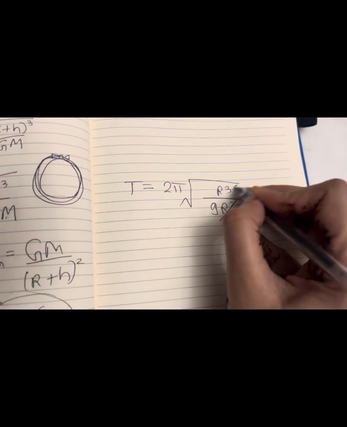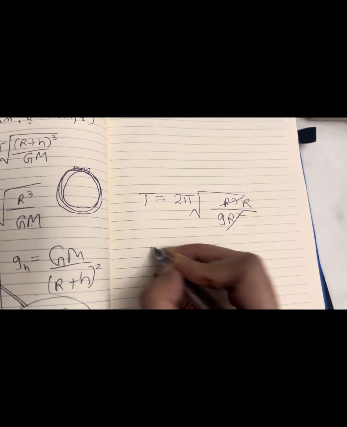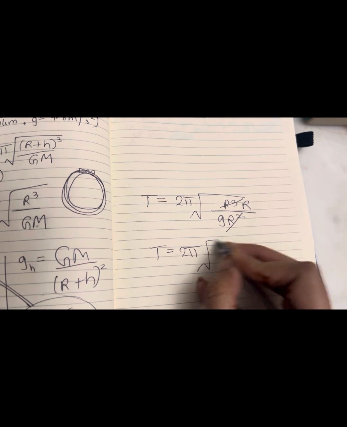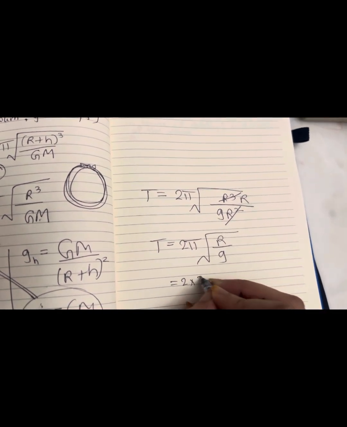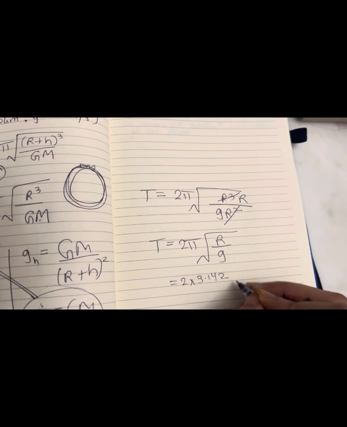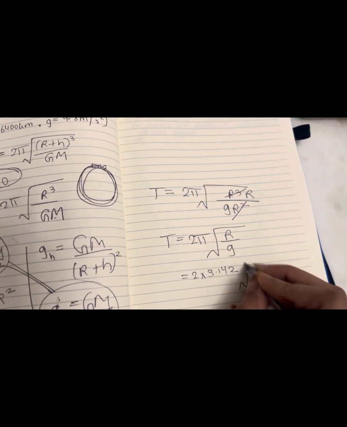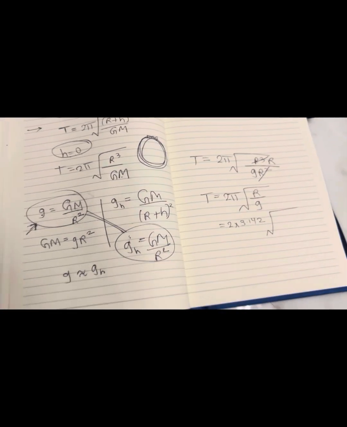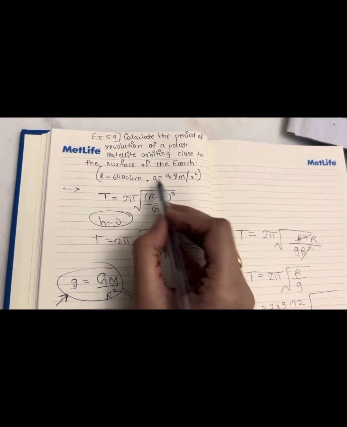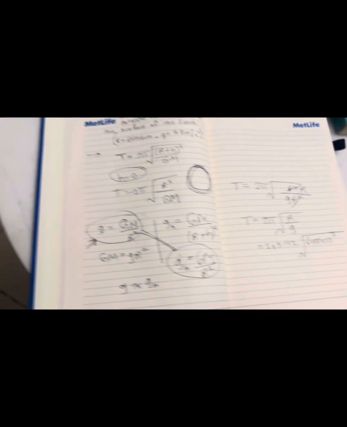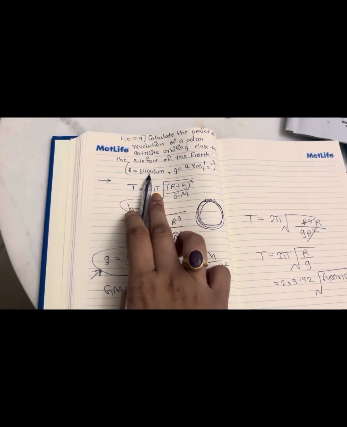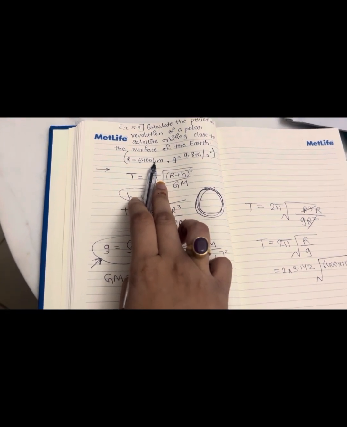So r square cancels, and r remains in the numerator, so T is equal to 2π square root of r upon g. Now we will substitute 2 into the value of pi, 3.142, square root of the value of r, which is 6400 kilometers, that is 6400 into 10 raised to 3. Instead of kilo, I am writing 10 raised to 3.